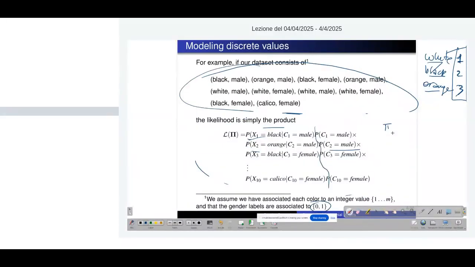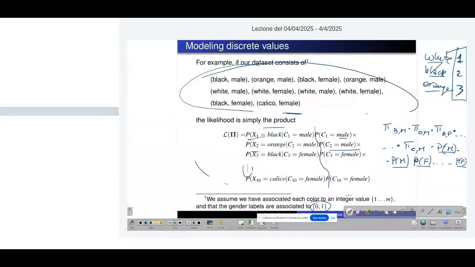This will be pi black male times pi orange male times pi black female times whatever is in these dots times pi, here we have an extra color, let's call it C, male. Then I have times prior probability of male, times prior probability of male, times prior probability of female, and so on.